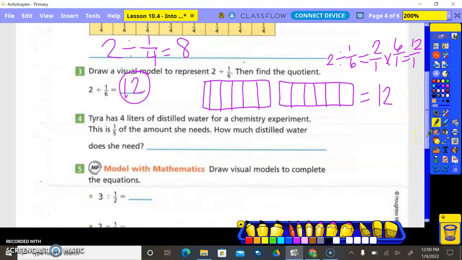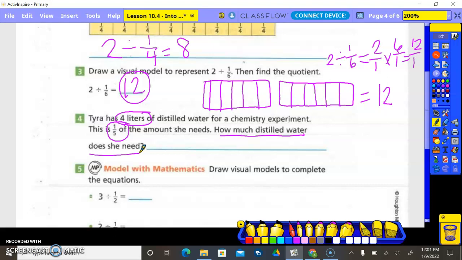Tyra has 4 liters of distilled water for a chemistry experiment. This is 1/5 of the amount she needs. How much distilled water does she need? She has 4 liters, but she only actually has 1/5 of what she needs.